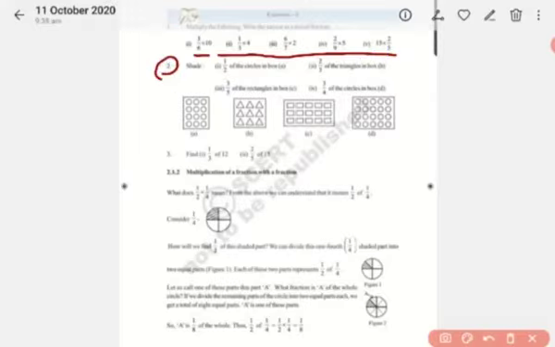They're asking us to shade, the first one is half of the circles in the box A. So here this is your box A, and they're asking you to circle half of the circles. See, so how many are there? Count 1 2 3 4 5. So you have in each row three circles. Okay, so totally you have 4 rows, so 12.